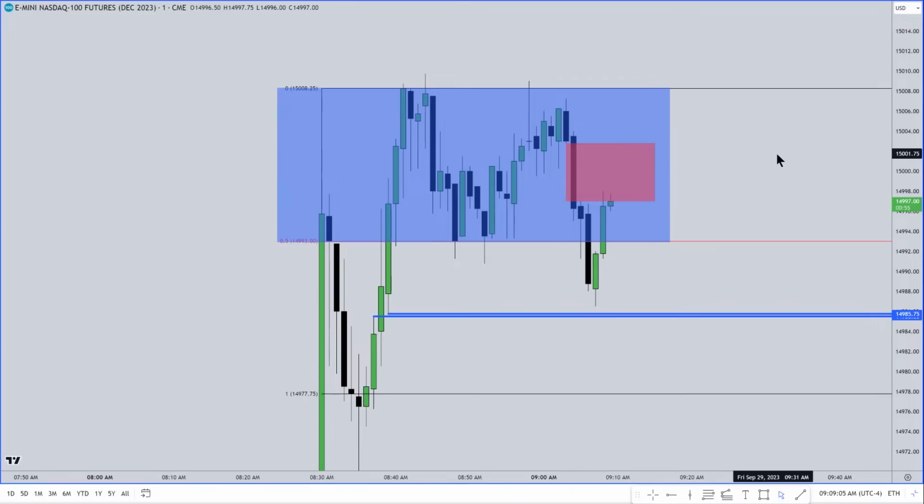Some of you might see that as the model 2022, where it's a shift in market structure here, going up into a fair value gap, sell short, and then wait for it to keep going down lower. I would not take this trade using that logic, even if it does deliver and say it goes lower.